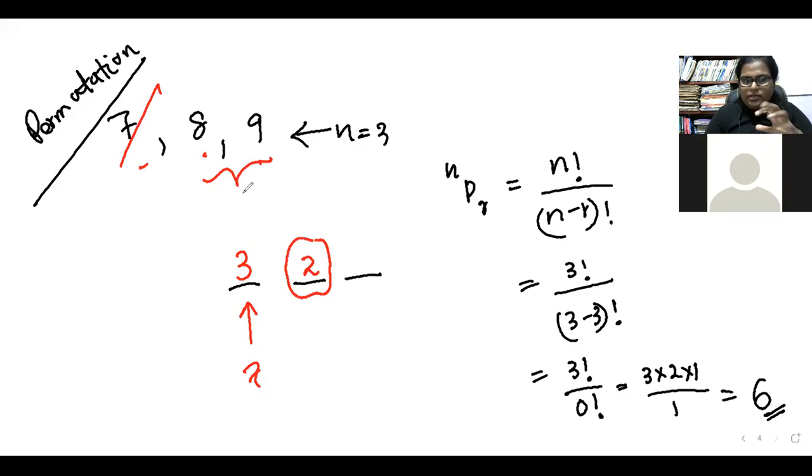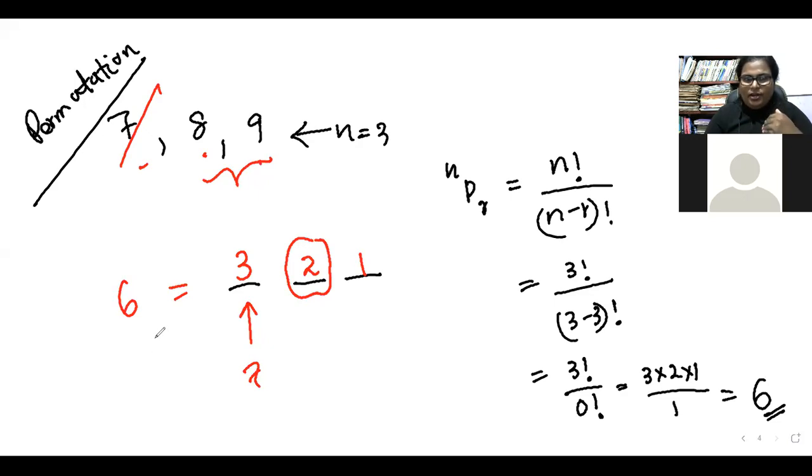So we have to consider only these 2 numbers, and after allocating the first and second positions, when you come to the third position, how many numbers do you have? You have only 1 number, right? So you can get the answer by multiplying these 3 numbers as well. Even if you multiply these three numbers, you can get the answer 6.